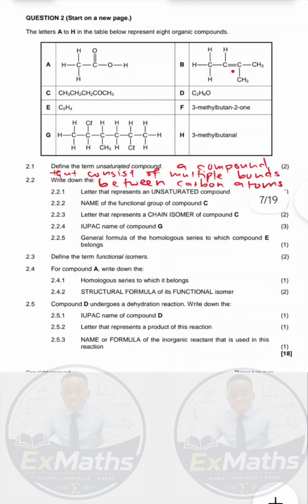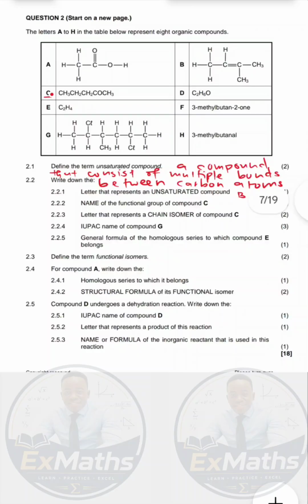So in this case, we have already figured out that B is an alkene. So this is the one which is unsaturated. So we have letter B for this one.